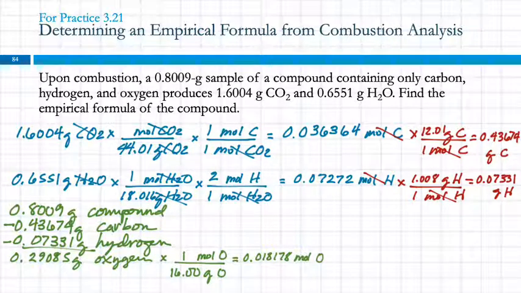Here's my moles of oxygen. I took that out to 5 sig figs because I didn't feel like rounding the 7 up to an 8, and when I got to the 8, I realized I didn't have to round it up or down.